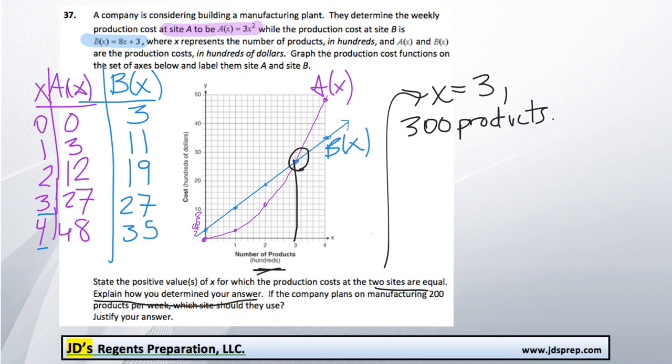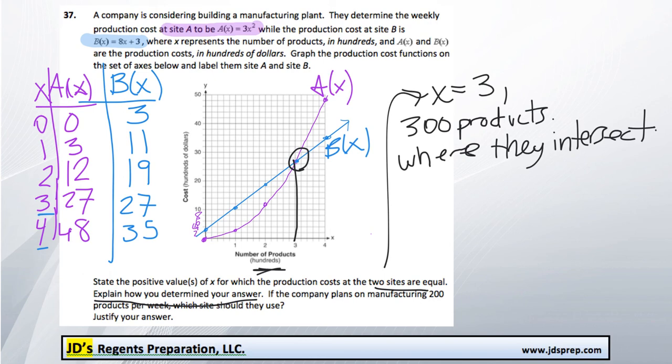And it does say as well, explain how you determined your answer. We can say that this is based on where the two graphs intersect. So where they intersect is how we found that x value.